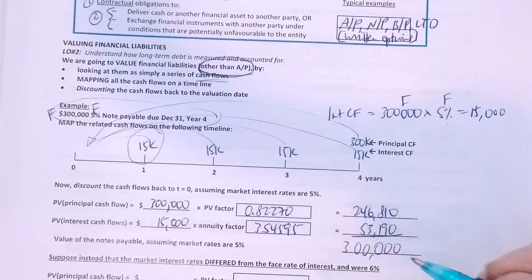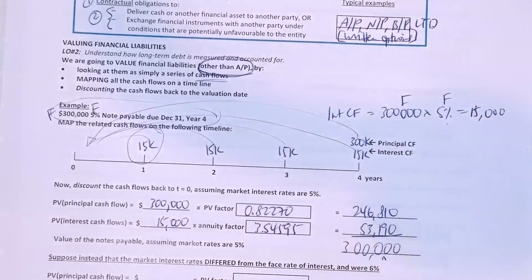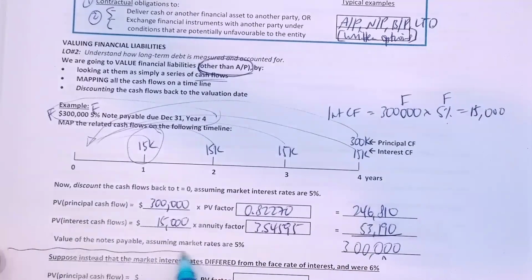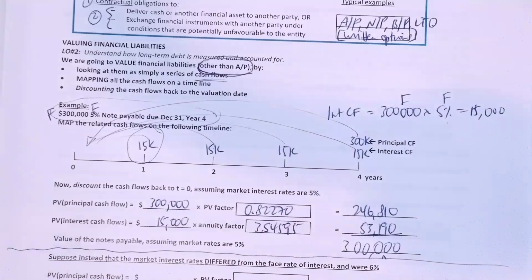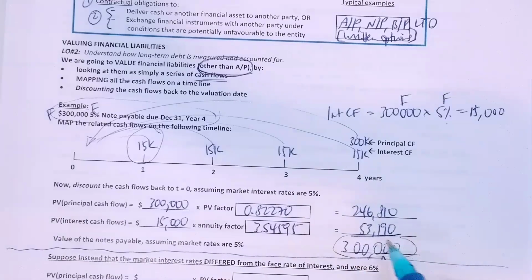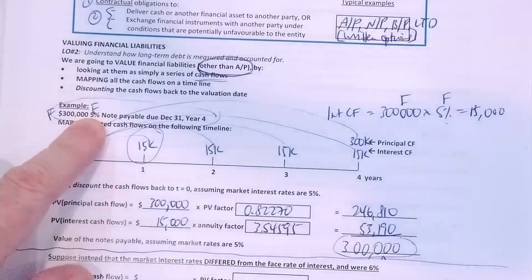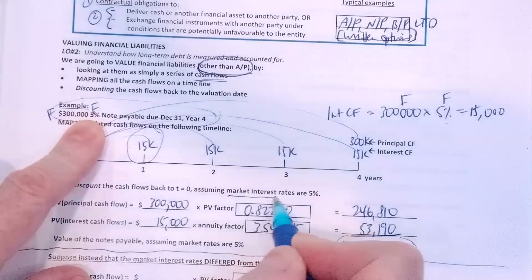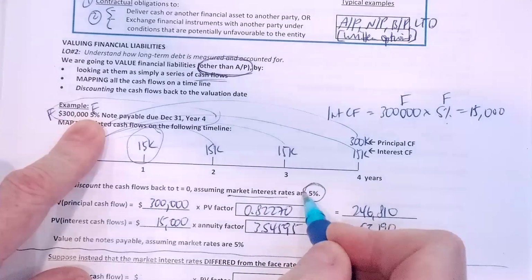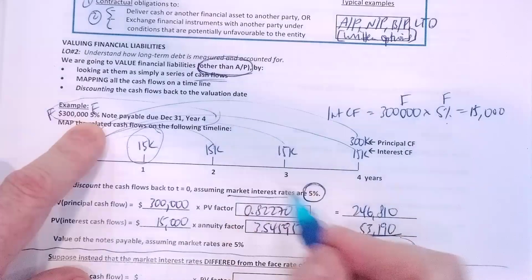300,000. Oh. All that work to get to 300,000. You could have just told me 300,000, right? Okay, so that's correct. I just wanted to go through that to demonstrate that this process brings you back to a rational number. The thing that made that beautiful round 300,000 number is that the face interest and the market interest, which I kind of just bluffed right over, are identical.